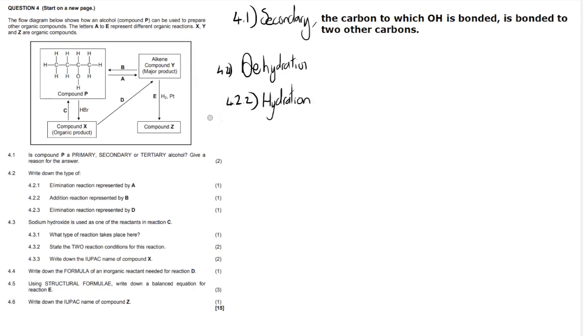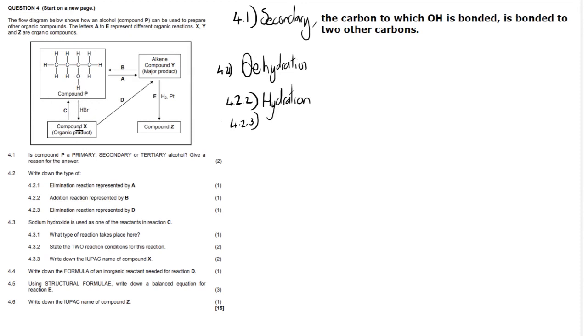All right, going on to the next question, 4.2.3. The elimination reaction represented by D. We're going from this organic compound, which we got from adding hydrogen bromide. Oh, this is some form of bromo. We've replaced the OH with a hydrogen and a bromide.